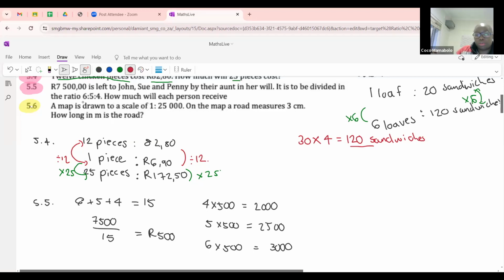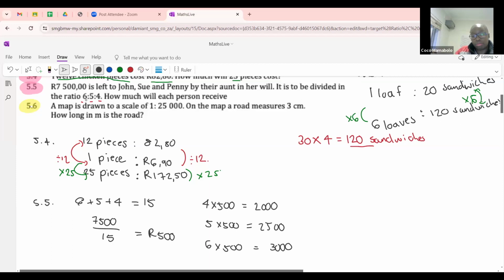Remember, you need to start with the one that they gave you. The way ratios are written is the way that we read them. They started with the 6, then the 5, and then the 4. So our ratios also need to start with these numbers.